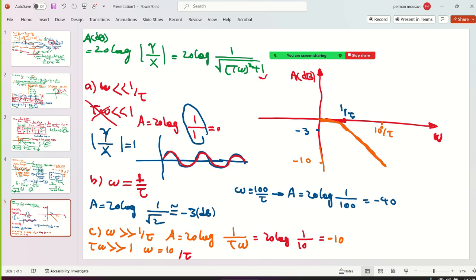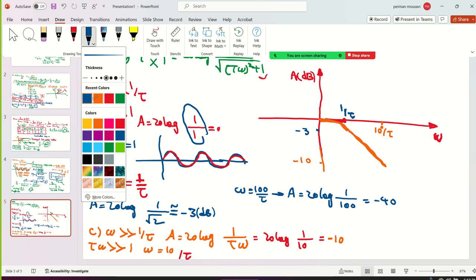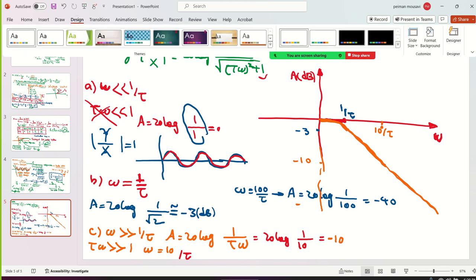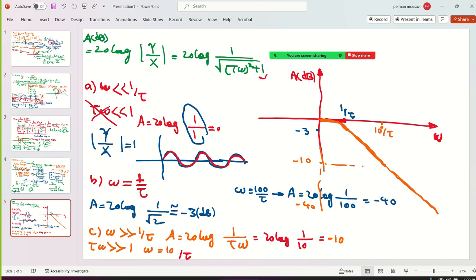So this is like that. There we go. Okay. And here, suppose that is minus 40. Okay. We plotted the Bode plot right now together.